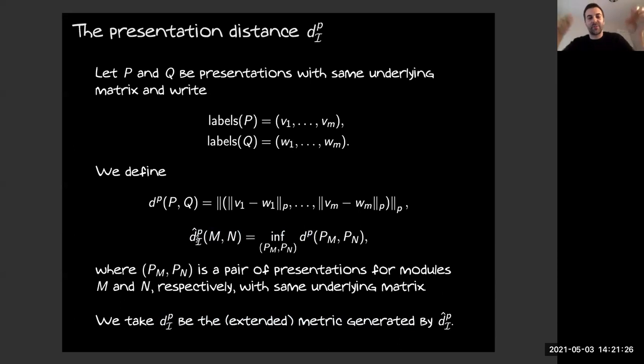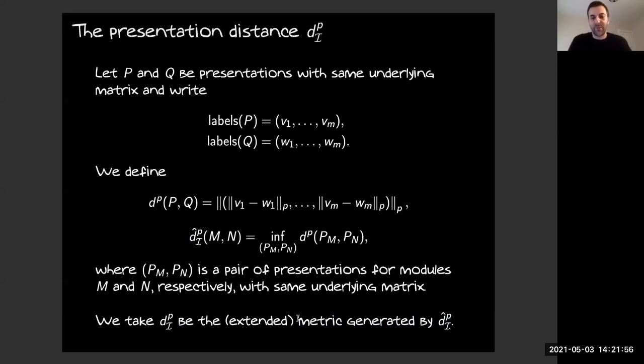Essentially the distance between M and N is going to be obtained by considering all finite sequences of modules that start at M and end at N. Then you take this hat distance between consecutive pairs in this sequence and sum them all up. This is just a generic trick for converting a distance that doesn't satisfy the triangle inequality to one that does. Okay, that's our distance.